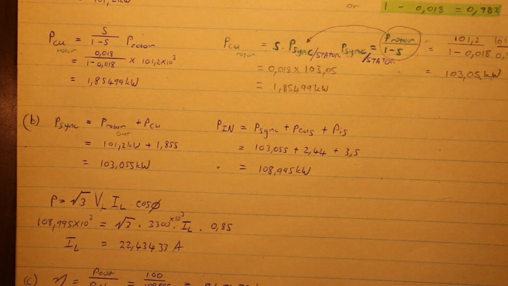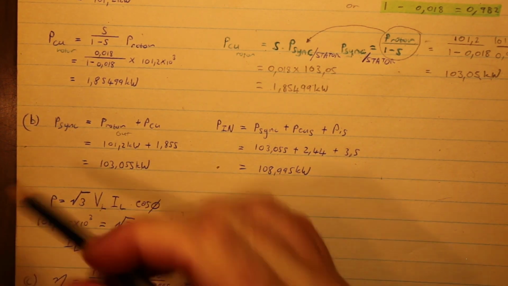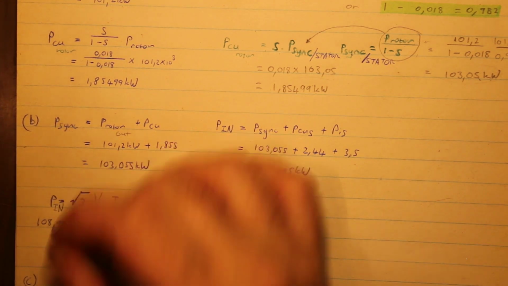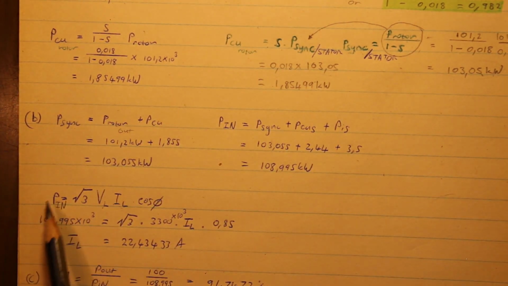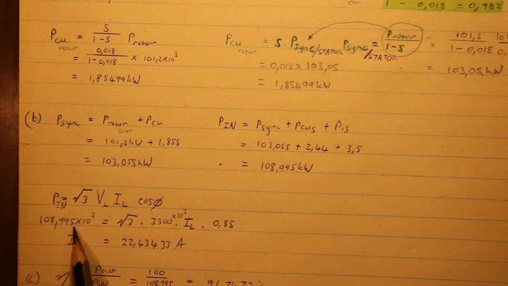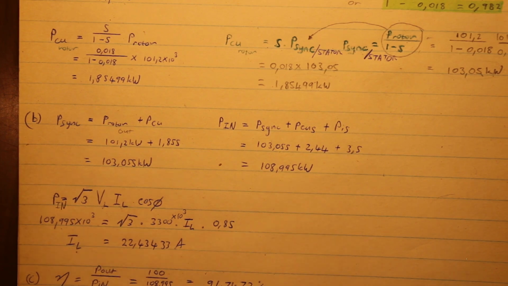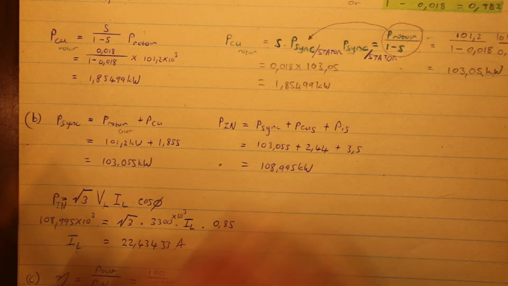They told us what the power factor is, 0,85 lagging, and we calculated what the power N is. So this is power N, and that's 108,995, and then we get the line current. So that's the current that we are supplying to the motor, or that's the current that the motor is pulling from the supply.